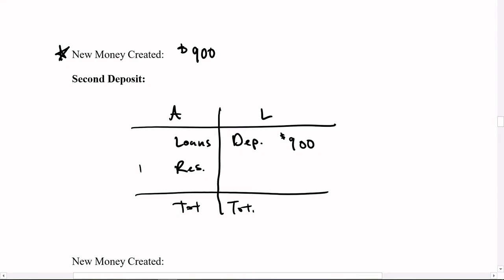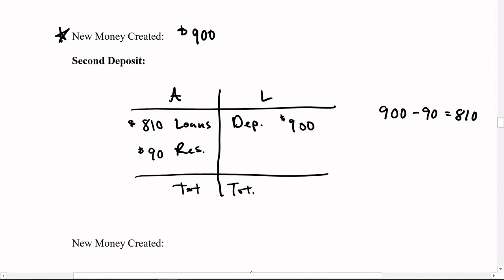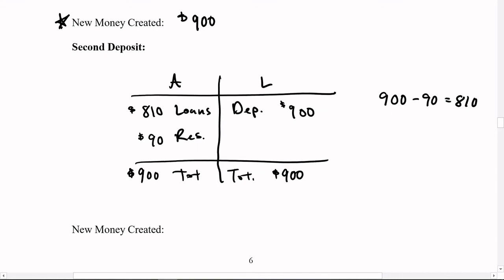So 10% of 900 is 90. The bank puts $90 in the vault and loans out the rest. 900 minus 90 equals 810. So that leaves $810 for loans. So the total liabilities are 900. The total loans are 900. Balance sheet balances, and we're good.